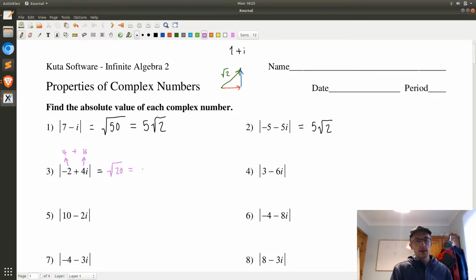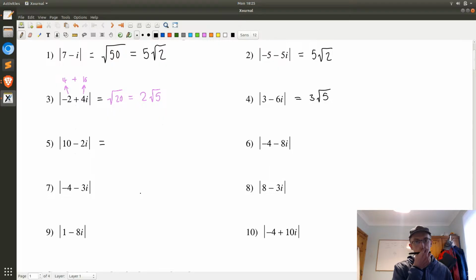And I know that it's just 2 times the square root of 5. Likewise here, 9 add 36 is 45, so that's 3 root 5. 100 add 4 is 104, which is 2 times the square root of 26.